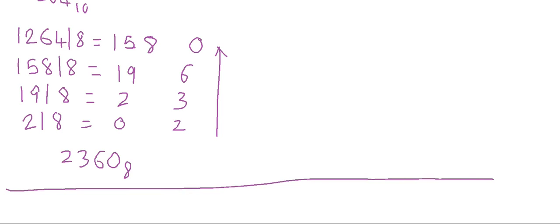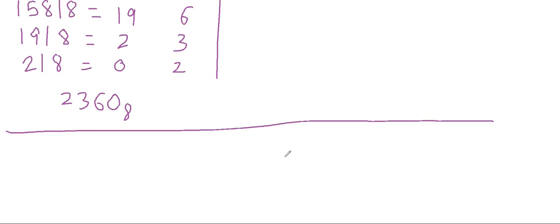Now let's take another example. Very simple example. Let's take this one, 62. Okay, so if the number is 62, which is a decimal, then you need to find the octal representation. So 62 divided by 8, which is equal to 8 times 7, 56, remainder is 6.